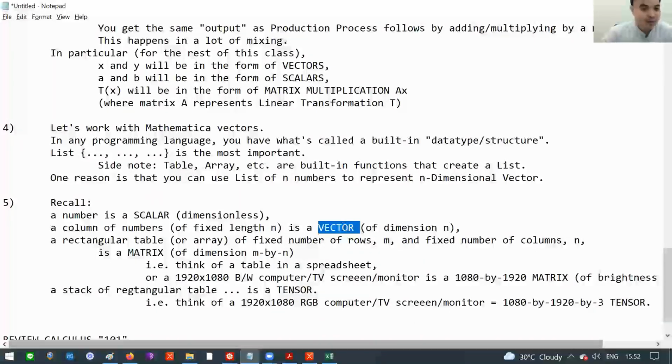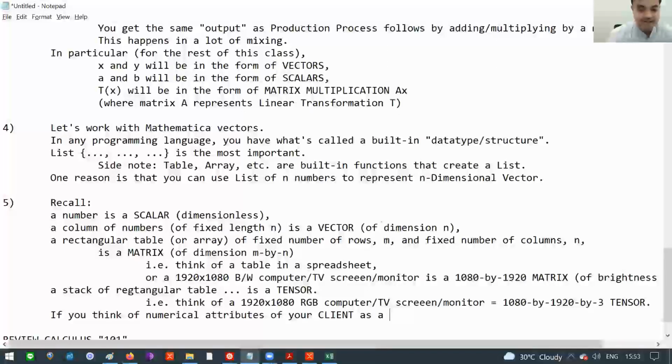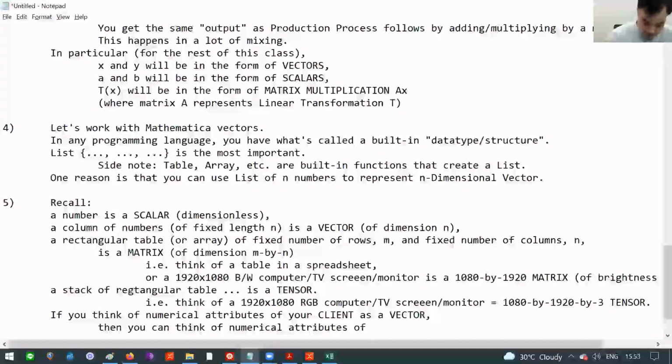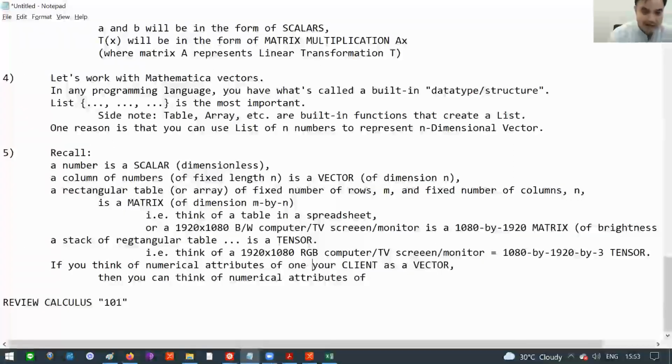So if you think of the numerical attributes of your client as a vector, then you can think of the numerical attributes of m clients, n numerical attributes, as a matrix. Sorry, m.